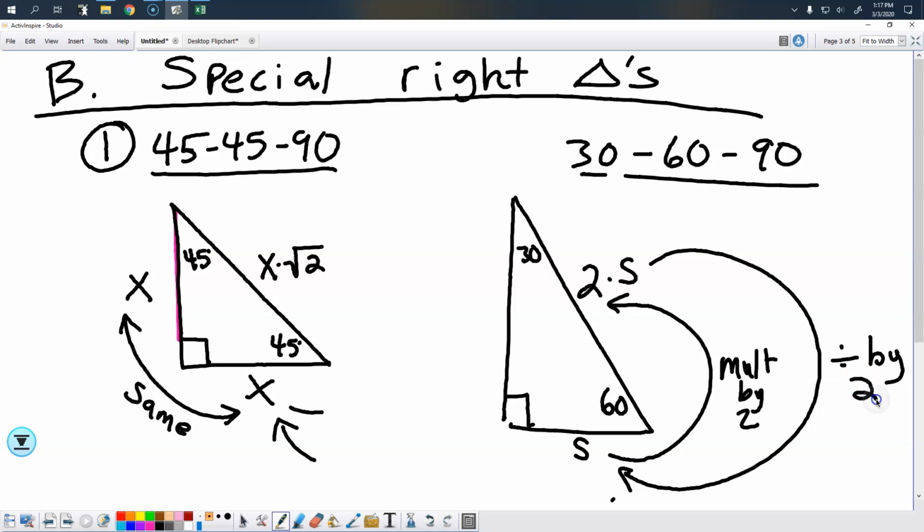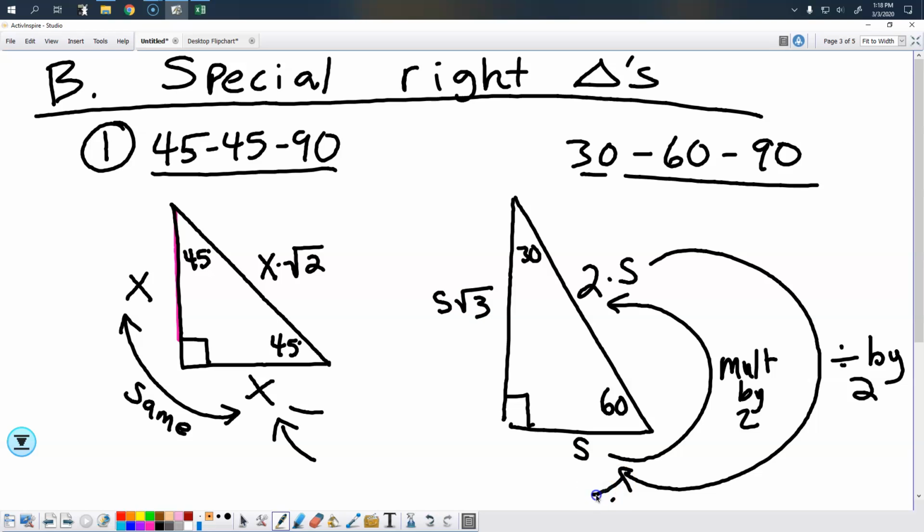Sorry. Okay, now the long leg is also related to the short leg. Here's their relationship. The long leg is the same thing as the short leg, but just bigger. It is multiplied by the square root of 3.